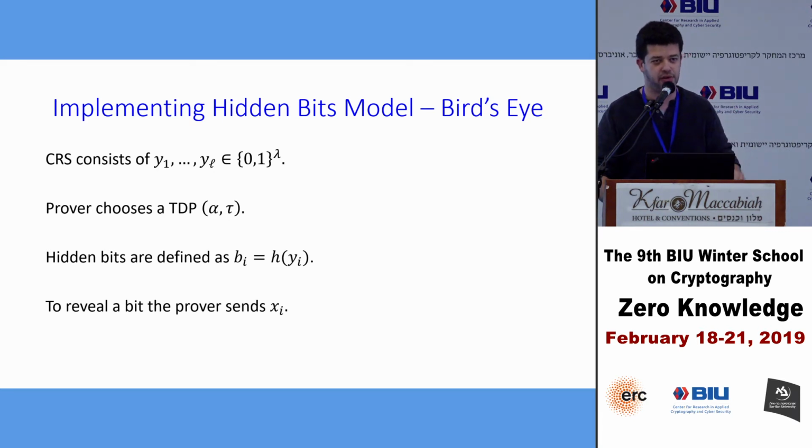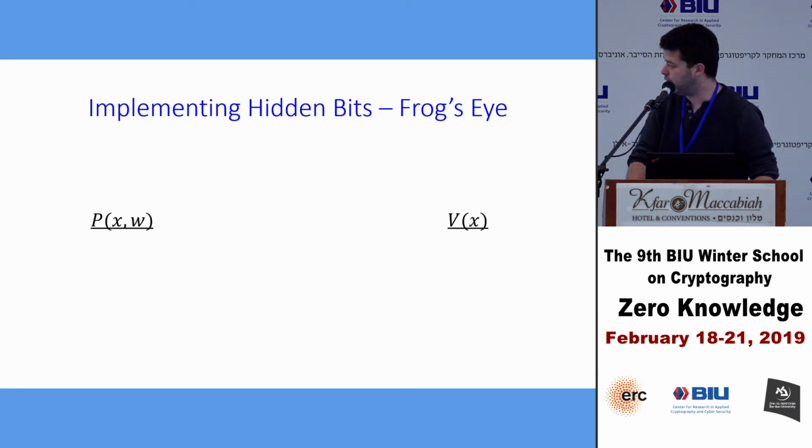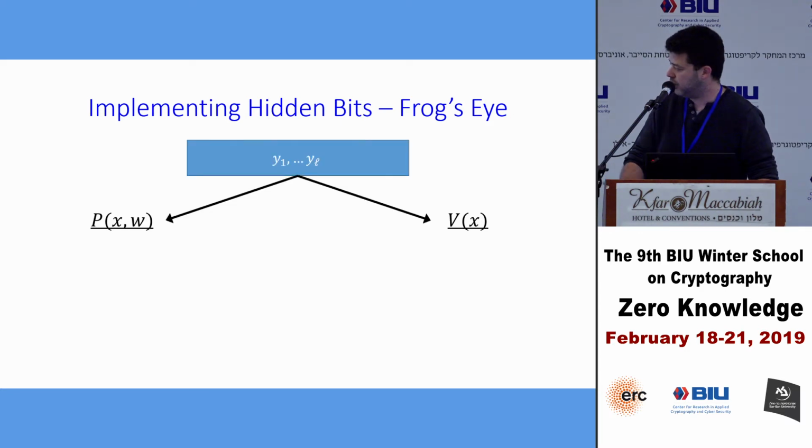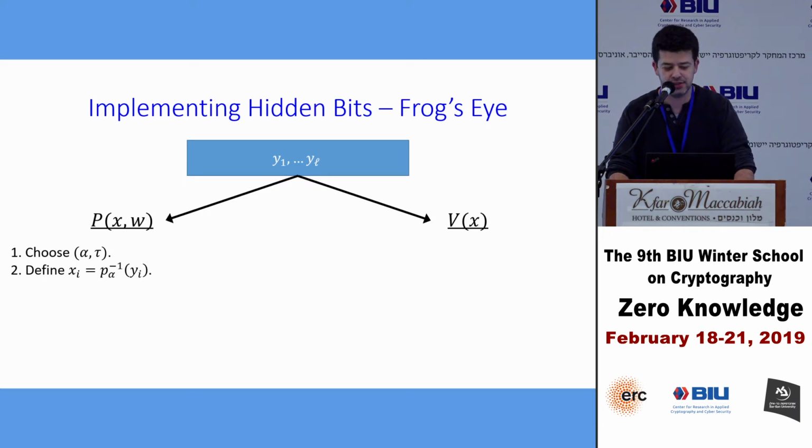Let's see the detailed view so everything is clear. So the frog's eye view of the protocol. All right, so we have our verifier and we have our prover as usual. As I said, the CRS consists of a bunch of these Yi's. What does the prover do? He chooses a description of a permutation alpha together with a trapdoor tau, and he sets the xi's to be simply the inverses of the yi's.